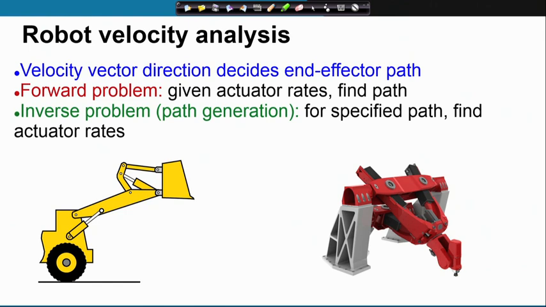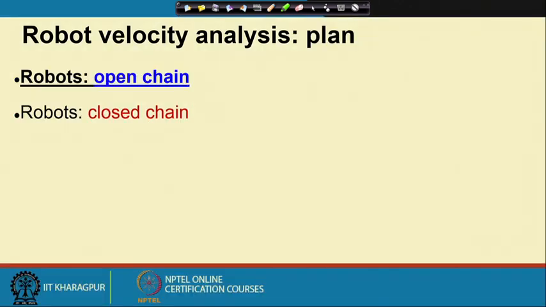In the path generation problem, we specify the velocities at each point on the path, and the velocity vector is tangent to the path. If I know how to find the corresponding joint velocities, then I can follow or generate that path. We are discussing open chain robot manipulators. Subsequently, we will look at closed chains as well.